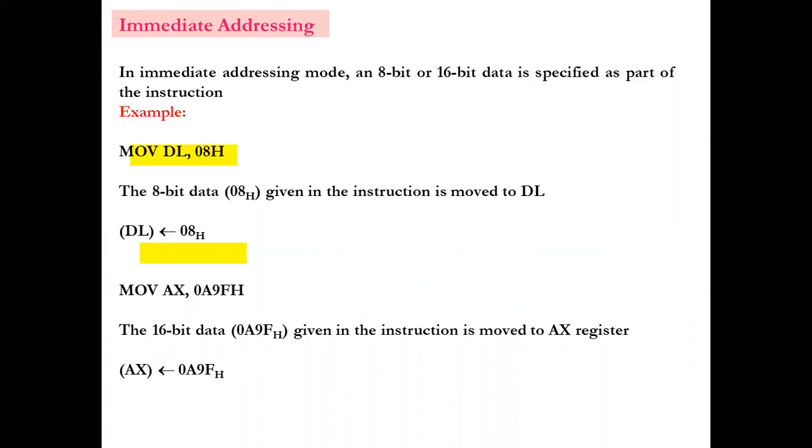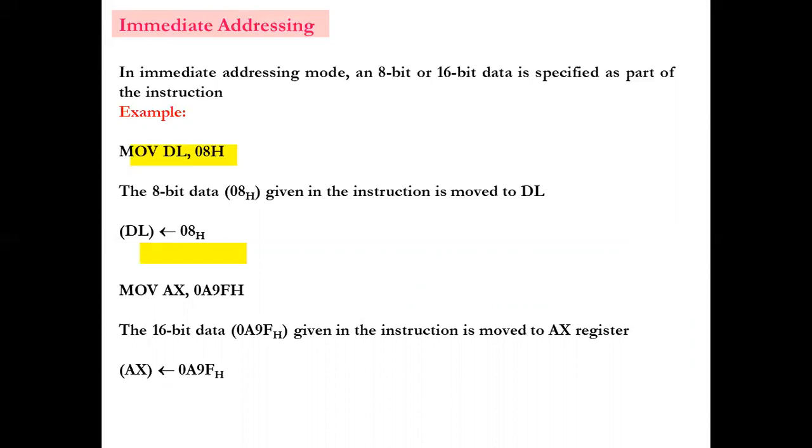But here we use MOV, for example MOV DL, 08H. The 8-bit data 08 given in the instruction is moved to the DL register. MOV AX, 0A9FH: the 16-bit data given in the instruction is moved to the AX register. That is the example of immediate addressing mode.